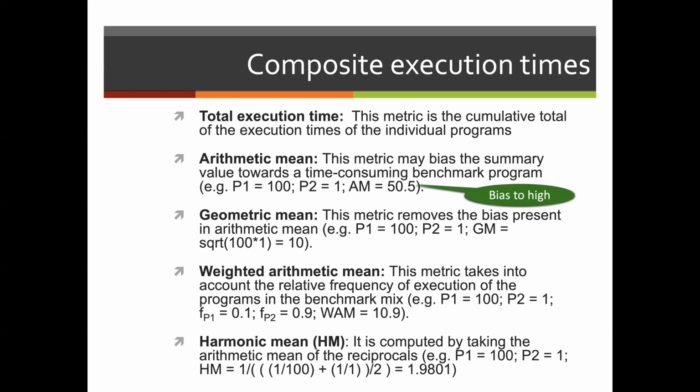With the arithmetic mean, it's important to keep in mind that this might result in a high bias. Geometric mean is more toward the middle, so you won't have a bias too high or too low with the geometric mean.